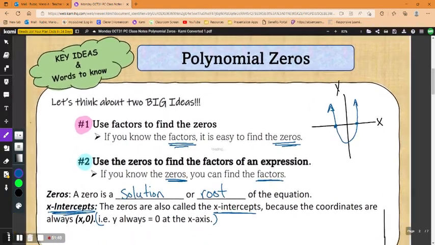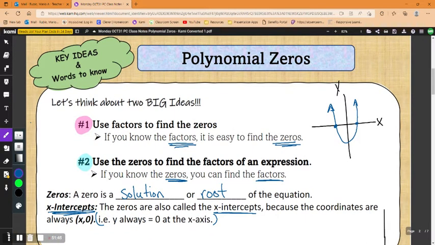In math, we love to use different words for the same thing. It's just something that we do depending on what topic we're talking about. It's easier to make a reference to a particular type of word. But at the end of the day, the most important thing that you need to take away from all of this is that the solution, the roots, the zeros, and the x-intercepts are all the same thing.